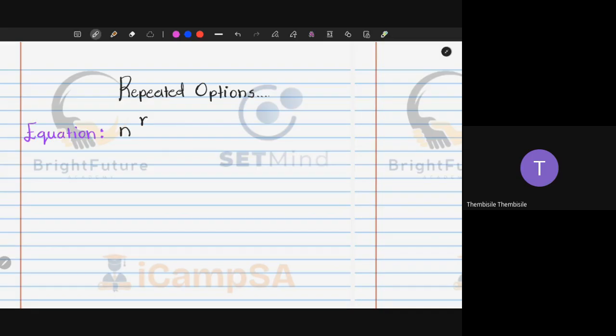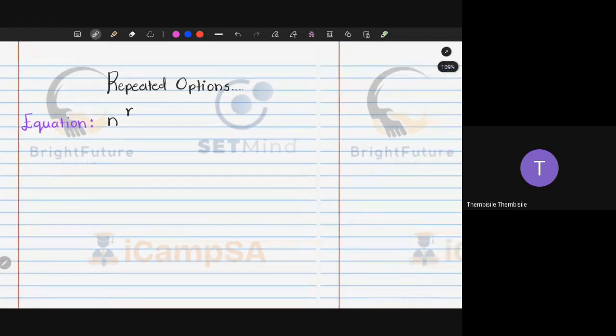Right. If there's no question, guys, we are just going to look at one last formula, and then we go and work out even more problems. There's a formula that we can also use, which looks as follows: n plus r minus 1 factorial, divided by r factorial multiplying n minus 1 factorial.